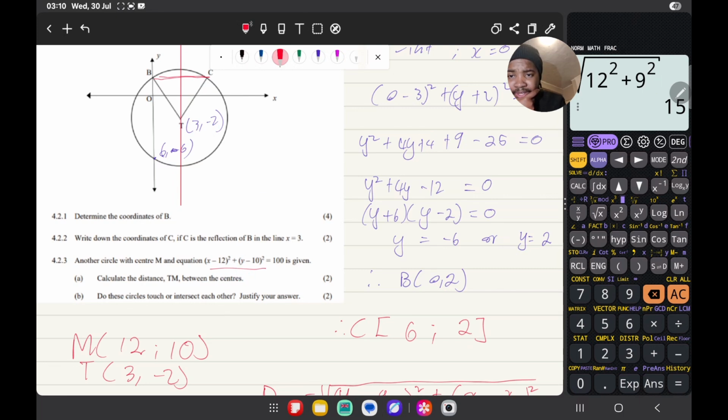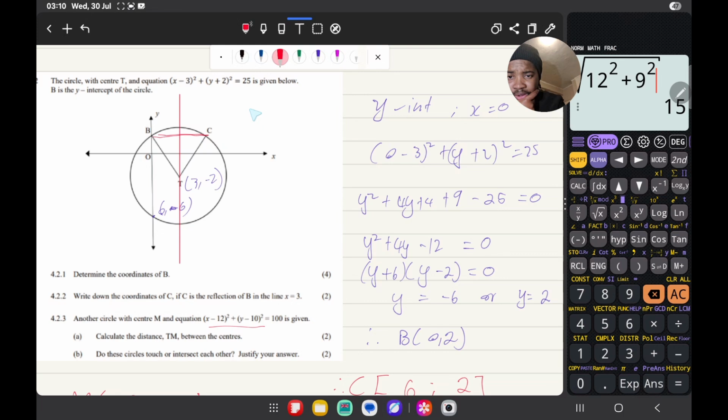This one, 12 and 10, is somewhere here. So here you have a point called M, which is 12 and 10, right? And we calculated the distance from here. Okay, there's the center. Oh, this is M. My bad. Because this is T, so that is M.